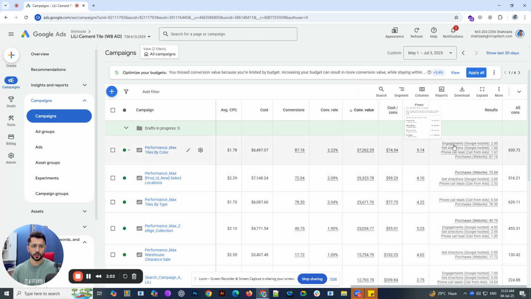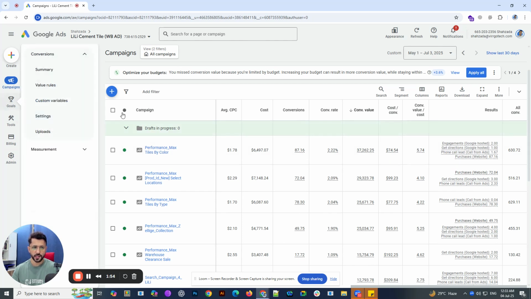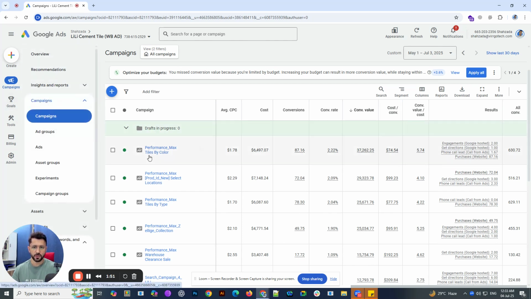And so, although these other events, these other goals have been set up as primary goals in the goals section, they haven't been mapped to this campaign or any of the other campaigns for that matter. So what it does is basically instruct Google to only care about the particular conversion action that's mapped to this campaign.